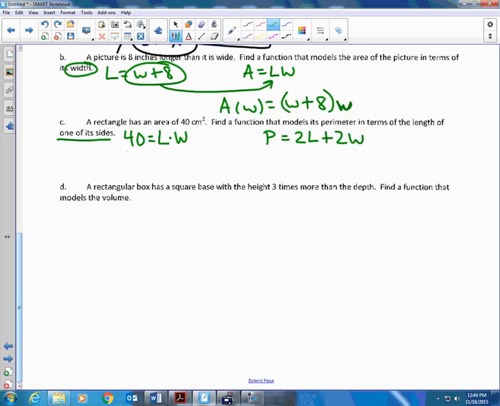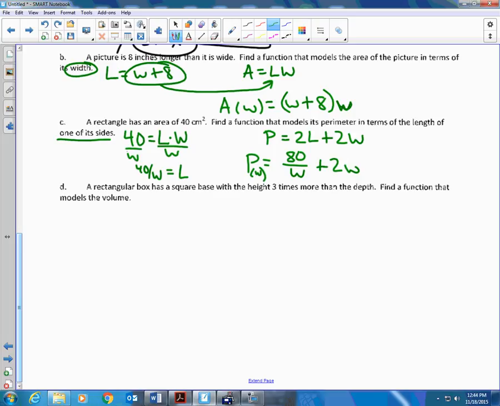P, because it says models perimeter. So I need to solve here. I'm going to choose to divide by W. And so I get 40 over W is equal to L. So perimeter is equal to, what's 2 times 40? 80 over W plus 2W. So that would be your perimeter in terms of width is 80 over W plus 2W.